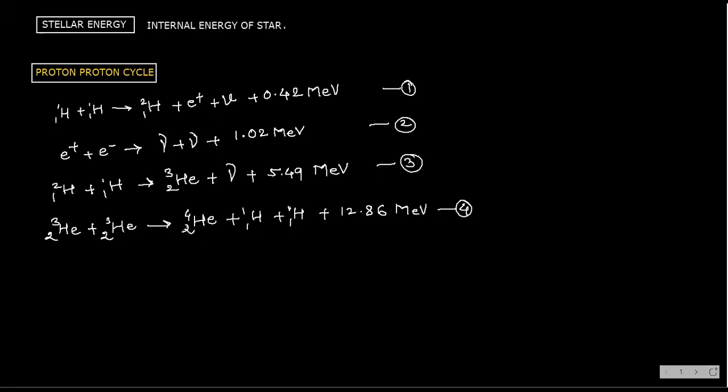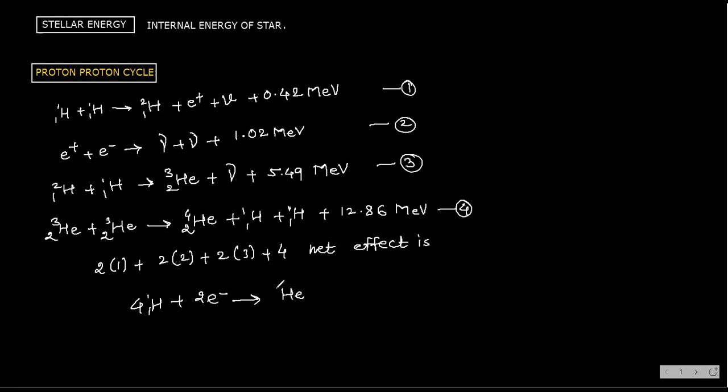Okay. Now 2 into equation number 1 plus 2 into equation number 2 plus 2 into equation number 3 plus this 4, the net effect is 4 proton plus 2 electrons gives helium plus 2 neutrino plus 2 gamma plus 26.7 mega electron volt energy.